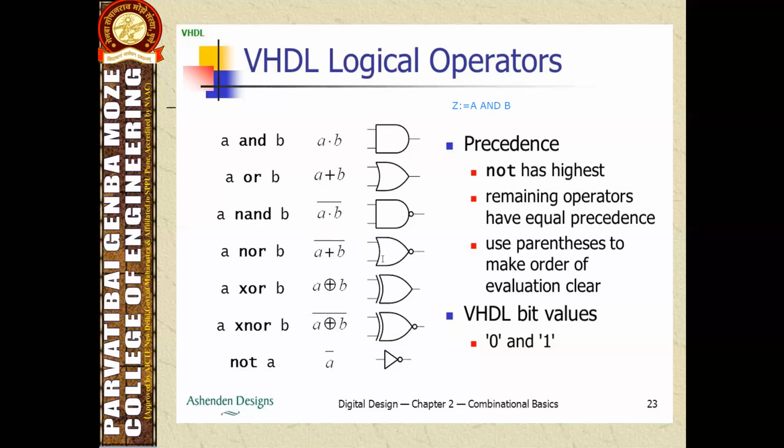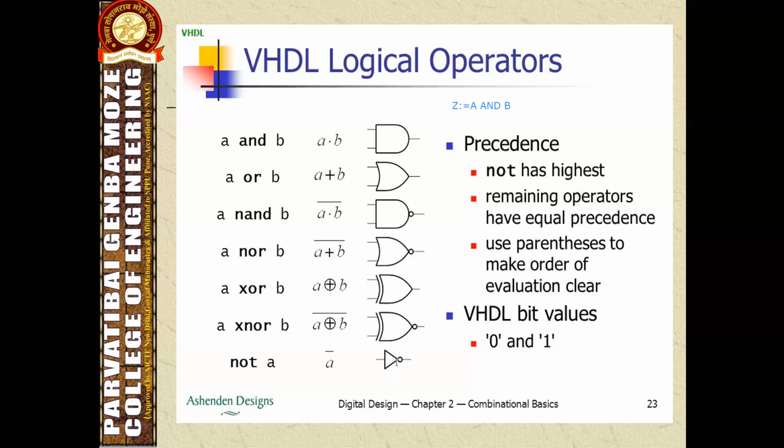To perform the NOR operation, A NOR B should be used, and to perform the XOR operation, A XOR B code should be written, and to perform the XNOR operation, A XNOR B should be used.